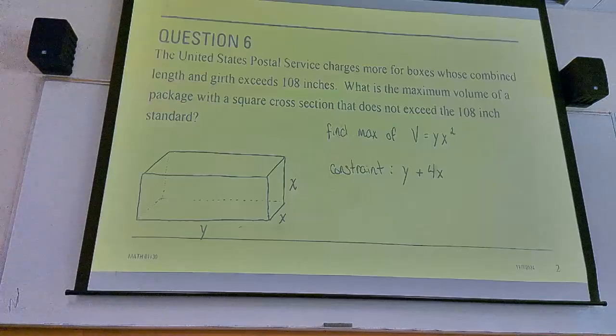That's why being a square cross section is so important. And yes, you're correct, less than or equal to 108. Since we don't want to exceed, we're just going to say maximum of 108, so we'll say equals. Right, because clearly, if we use the maximum allowed for the standard, that's going to maximize volume.